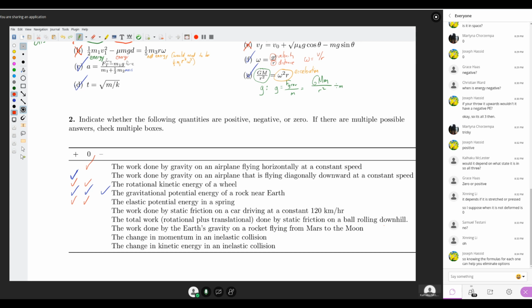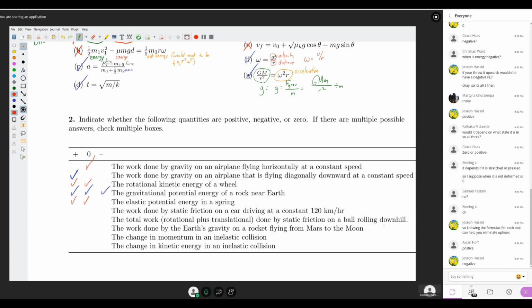Tell me about the work done by static friction on a car driving down the road. We have positive and negative.